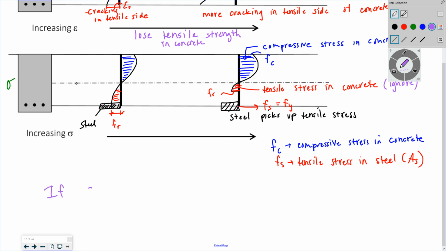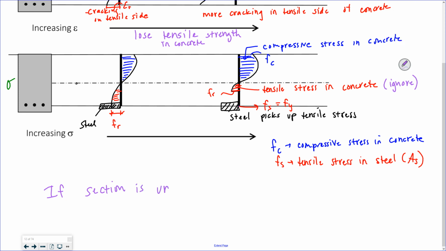If our section is under reinforced, that means there's not enough steel compared to the strength of the concrete. Then the steel will yield first.